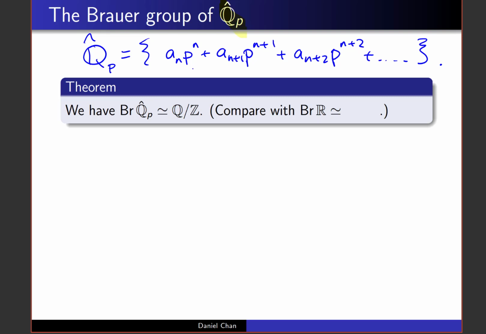And these a_i are, where are they? They're in 0 up to p minus 1. And this n is just some integer, so it could be negative. Okay. And so basically this is just a Laurent series in powers of p. Okay, so the powers of p can be negative or positive. So you always start somewhere, but it can shoot off to infinity. And this is a ring, and it's actually also a field. So non-zero elements you can invert, much as you can invert usual Laurent series.